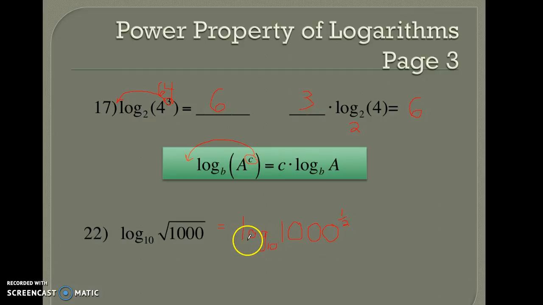And now we have a log and we have an exponent. And according to the power property, the exponent here can fall off the log. So this is equal to 1/2 times log base 10 of 1,000.